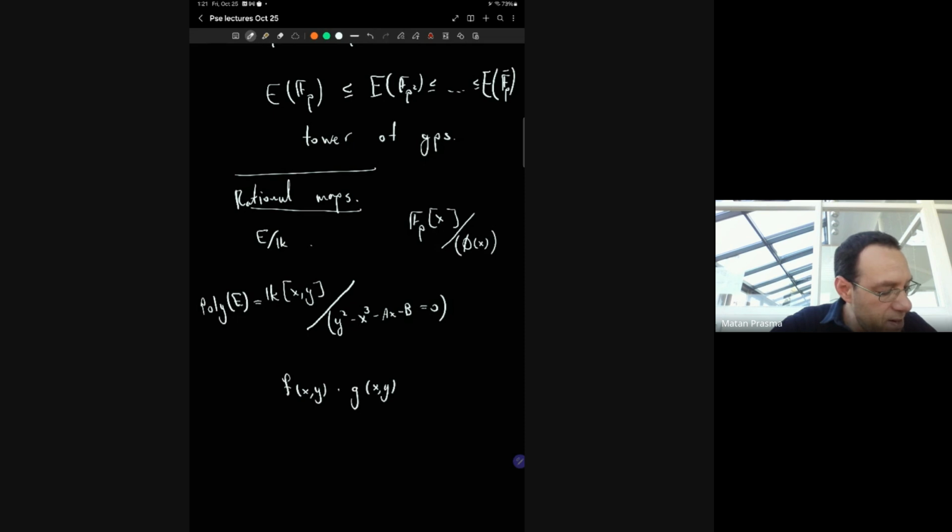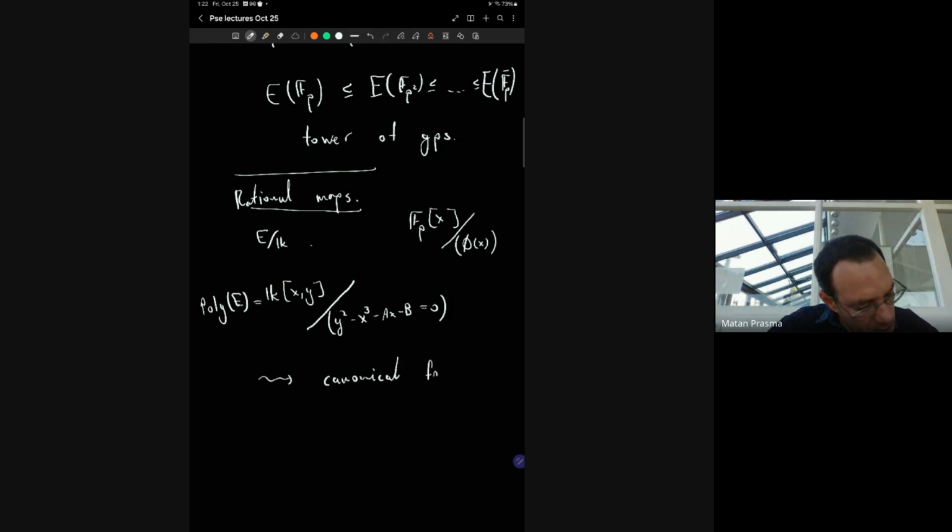then basically I can replace all the powers of y. In polynomials over E, I have a canonical form. Which means that I take f(x,y) and I replace all the powers of y by x cubed plus ax plus b.